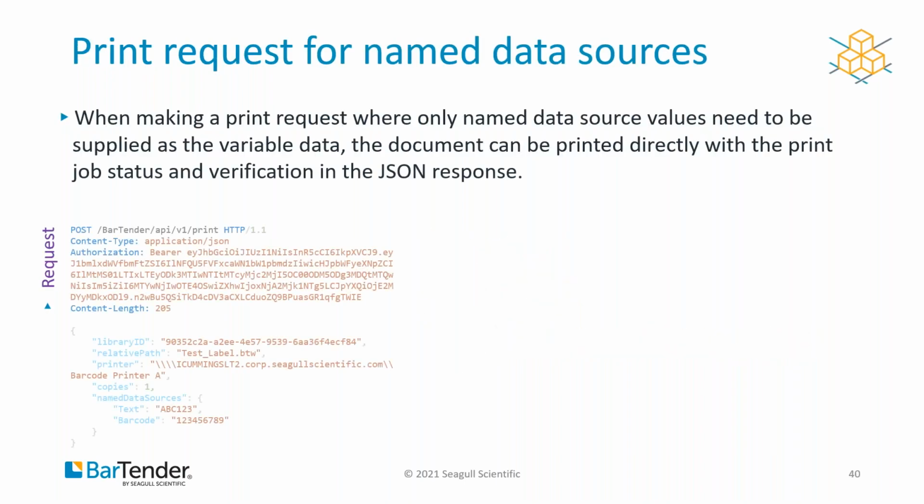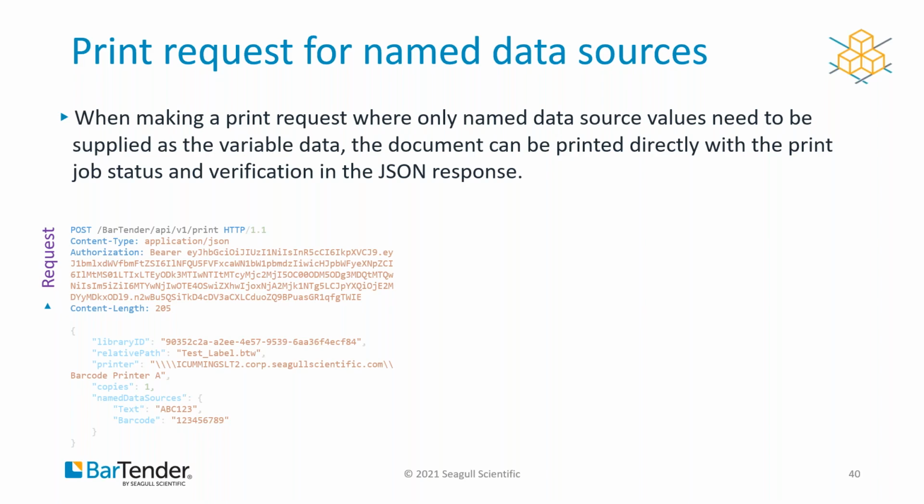Okay, now we get to the print requests. Now, of course, we can make a print request with just printing a static label, but typically, of course, you'd want to print a label and set variable data on that label as part of the request. And we have currently two ways of setting the variable data.